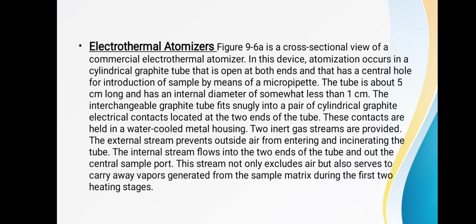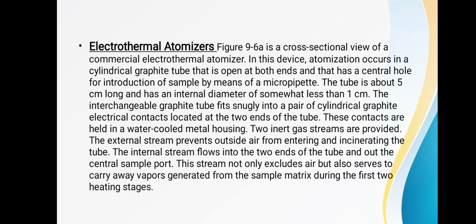Electrothermal atomizers. The figure is a cross-sectional view of a commercial electrothermal atomizer. In this device, atomization occurs in a cylindrical graphite tube that is open at both ends and that has a central hole for introduction of sample by means of a micropipette. The tube is about 5 cm long and has an internal diameter of somewhat less than 1 cm.